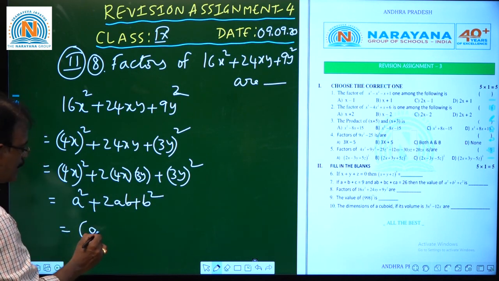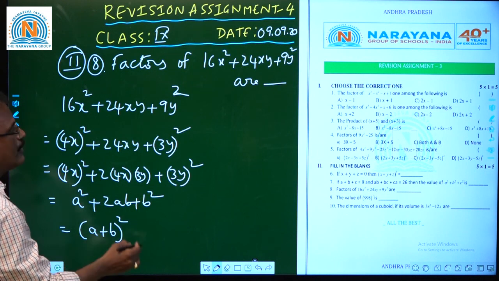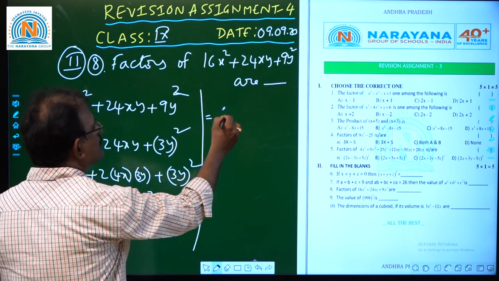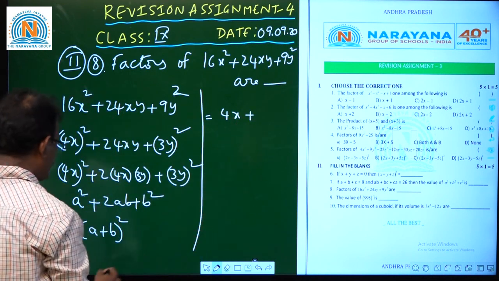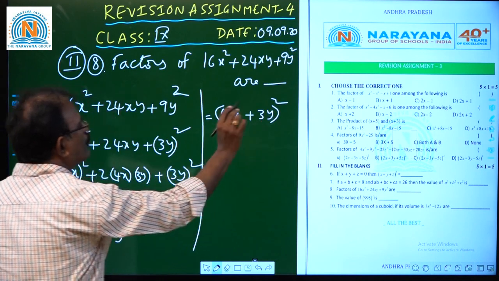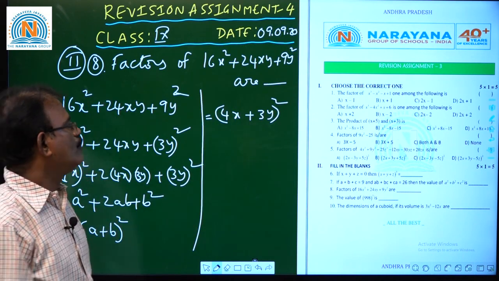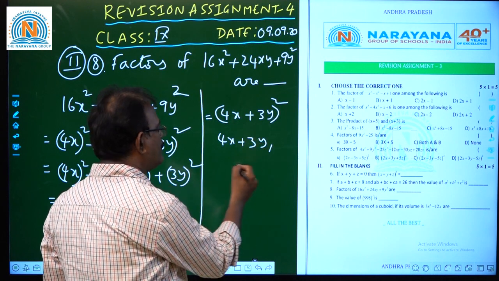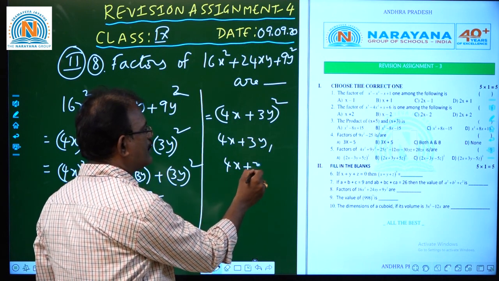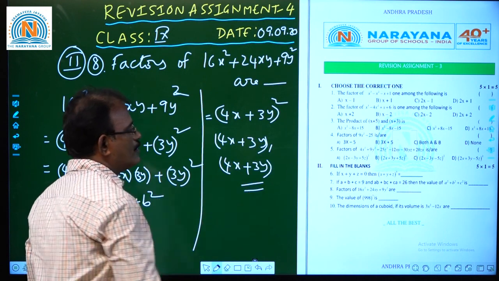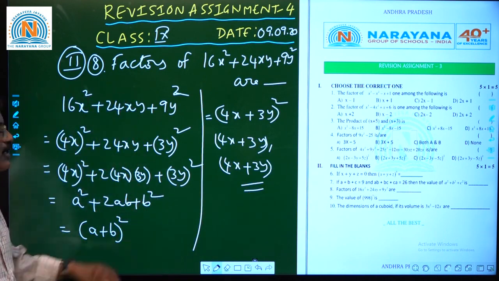So this is (a plus b) whole square. So a is 4x, b is 3y. So (4x plus 3y) whole square. So what are the factors? 4x plus 3y, 4x plus 3y. Repeated factors, equal factors. Okay, children. So this is the explanation for question number 8.